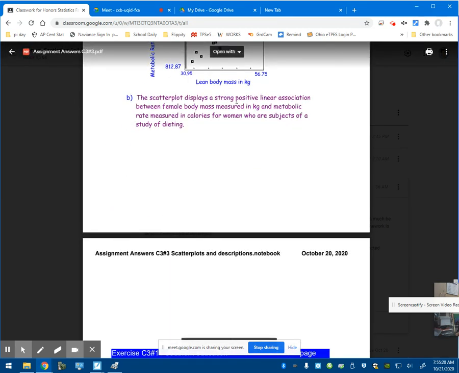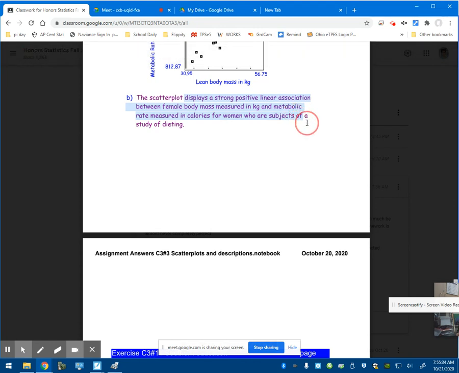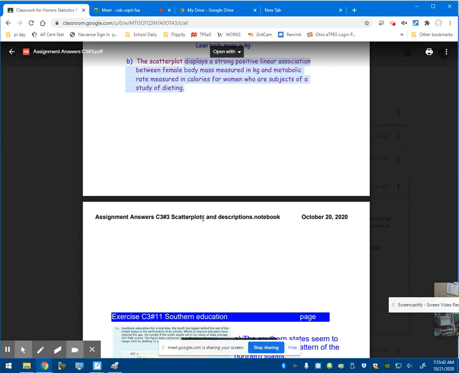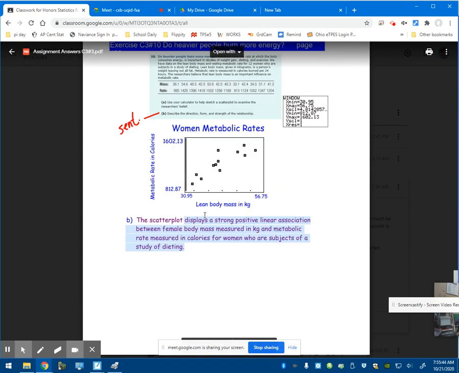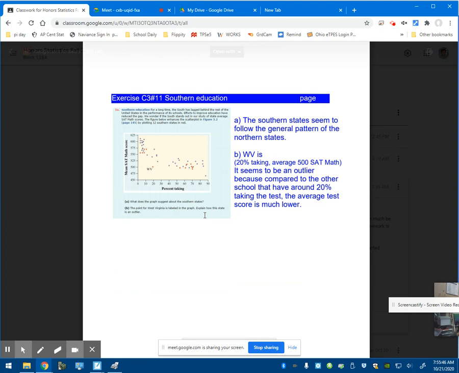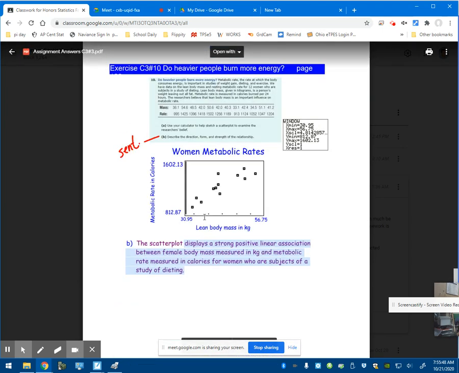It says strong positive linear association between female body mass measured in kilograms and metabolic rate measured in calories for men and women who are subjects of a study of dieting. So that was your graph for number 10, and then number 11 has some questions.